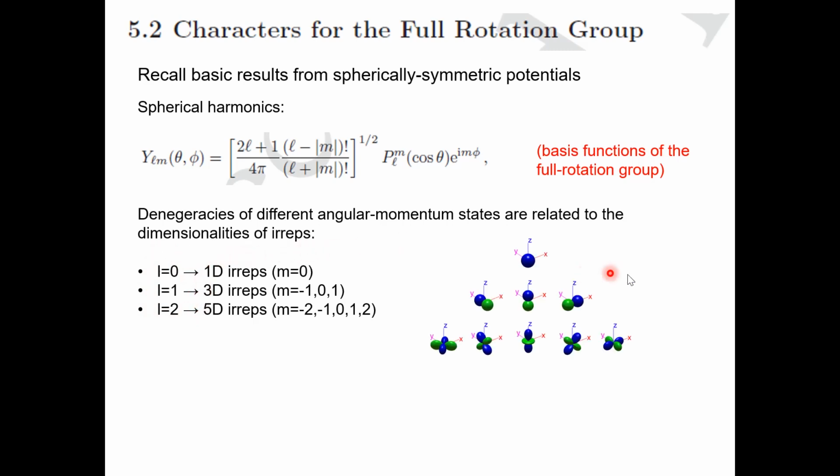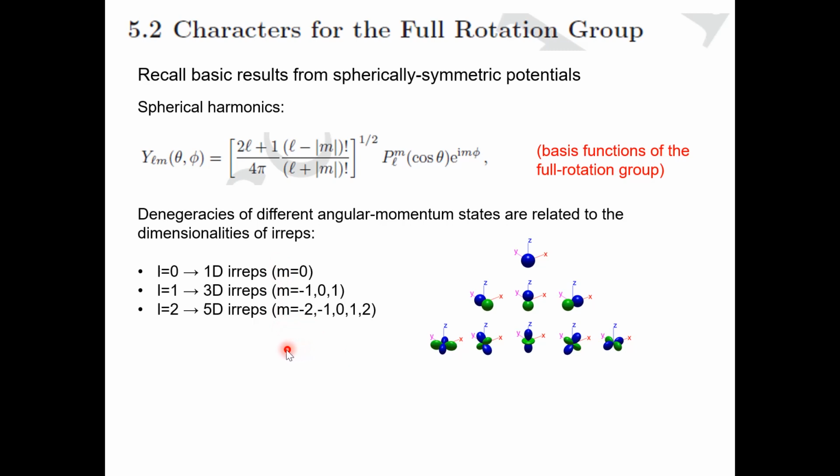For instance, S states, P states, D states have a degeneracy of 1, 3, 5, and so on, corresponding to the different possible values of the quantum number m.